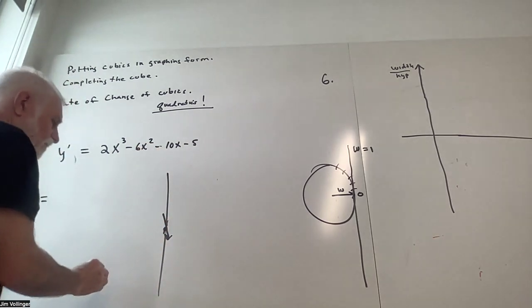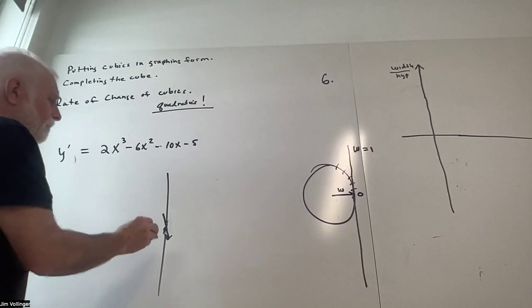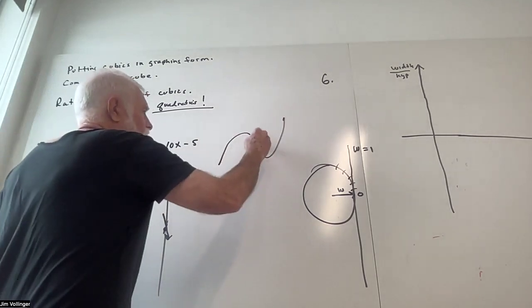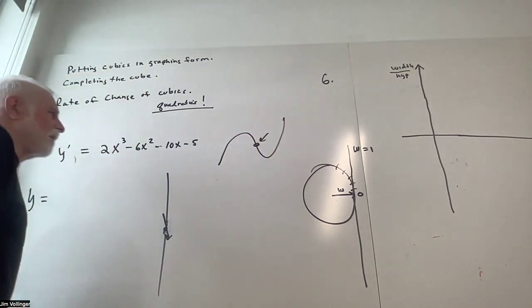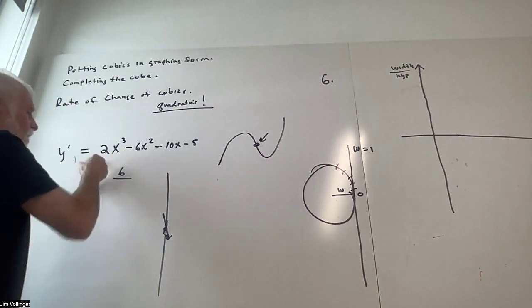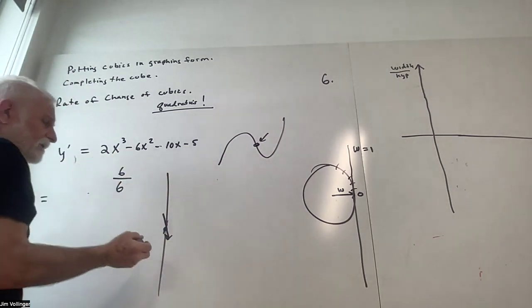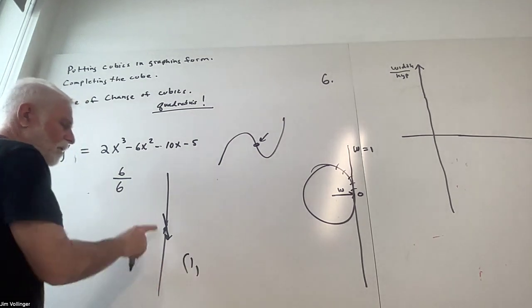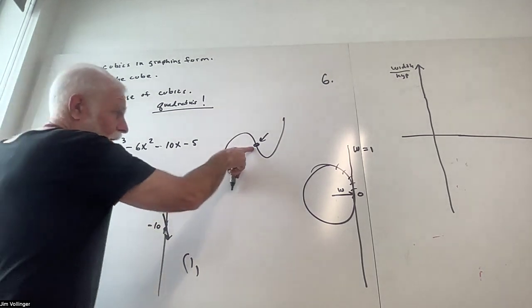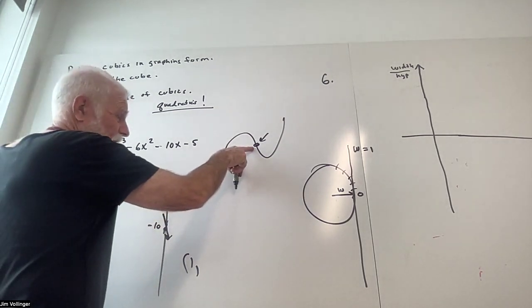And therefore, I know that this graph hinges. It's going to do this. And I want that location. We've already studied that in class. That's minus b over 3a. So minus b, 6 divided by 3 times 2 is 6. I picked a nice, easy number. And I know I'm going to be going down faster than 10 to 1 because at the point of inflection, I'm decreasing fastest right here in this model.